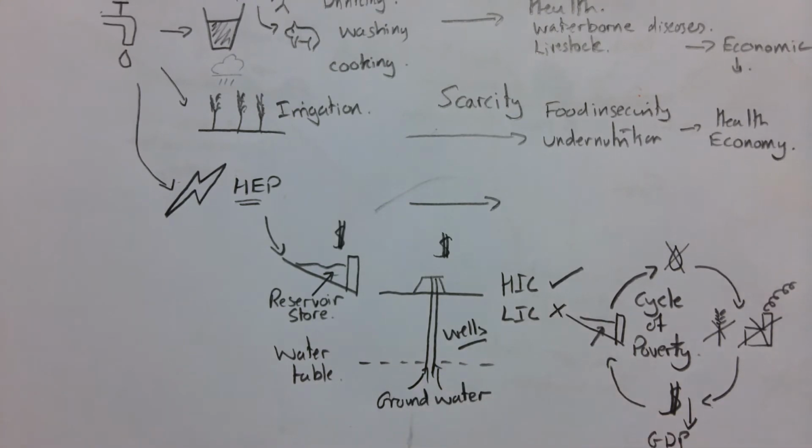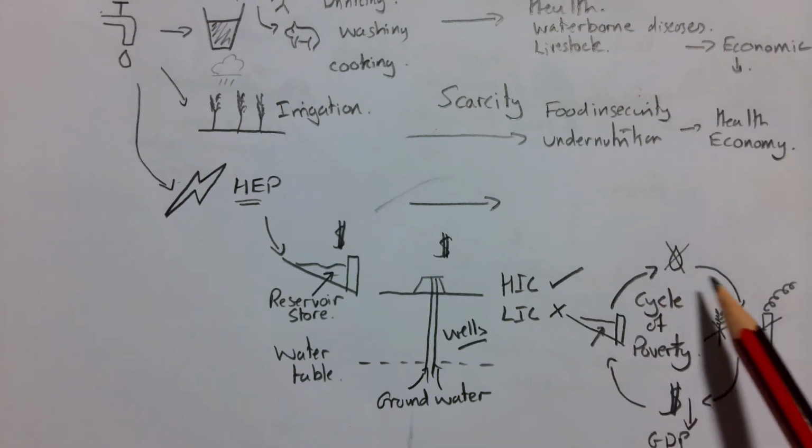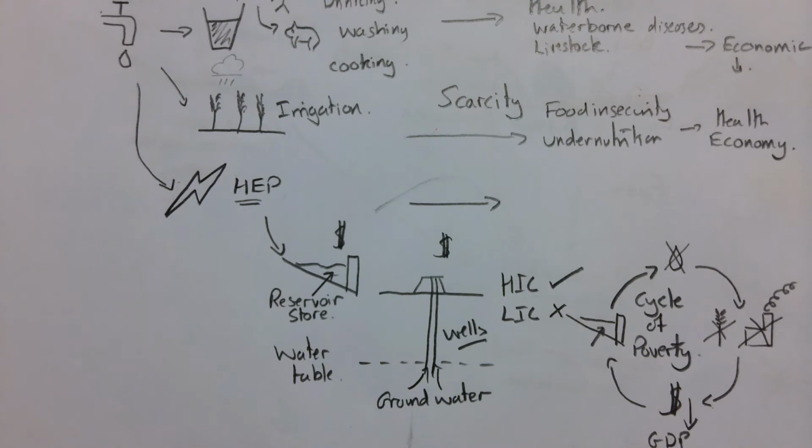Why are those two actions a problem for low-income countries? That's right, they don't have enough money to invest in that technology. And if a country doesn't have the money to invest in securing a water resource, what does it get locked into? That's right, the cycle of poverty.